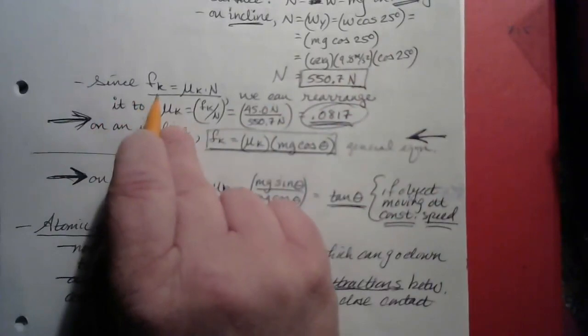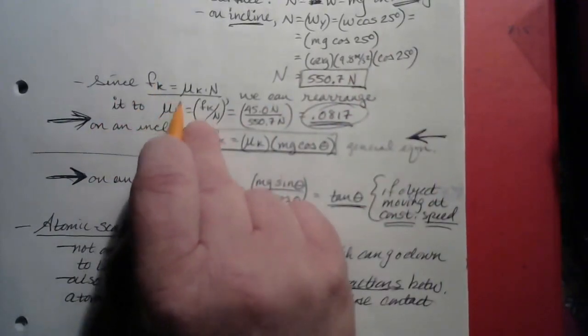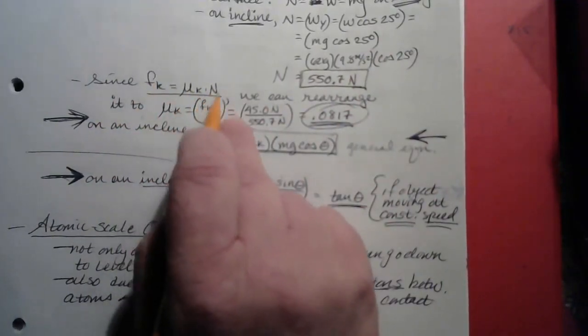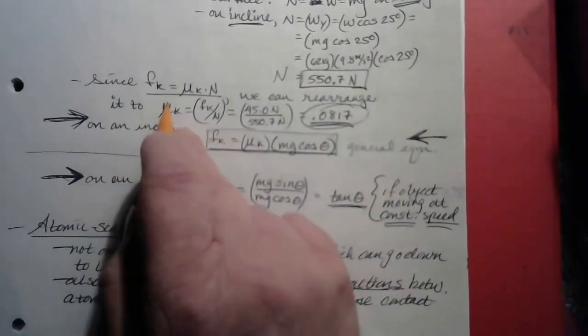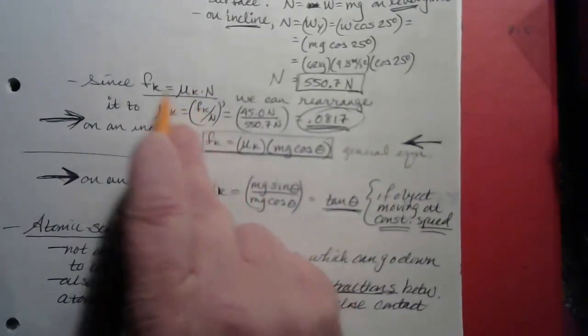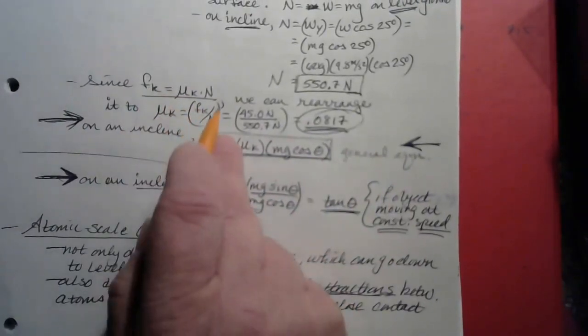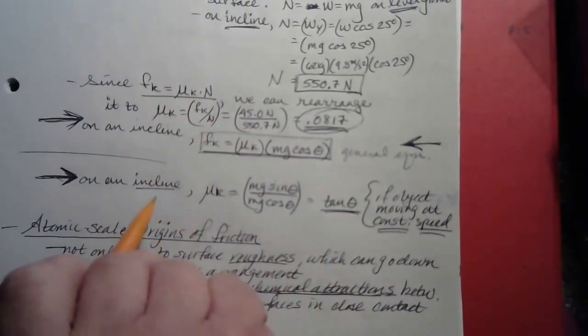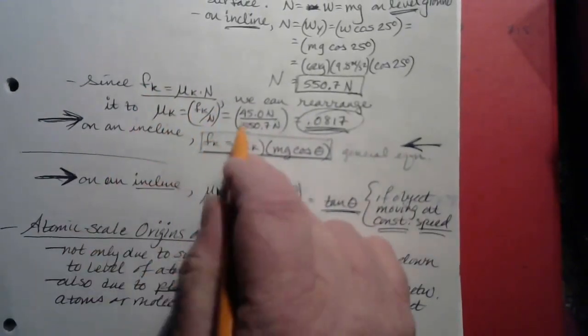All right, since the force of kinetic friction equals mu sub k times N, we can just rearrange this equation to solve for mu sub k, or the coefficient of kinetic friction, which will be the force of kinetic friction over the normal force.